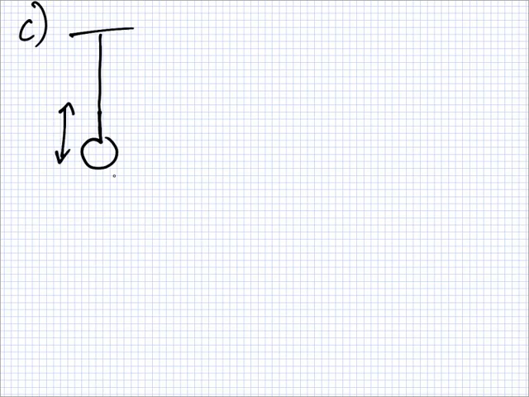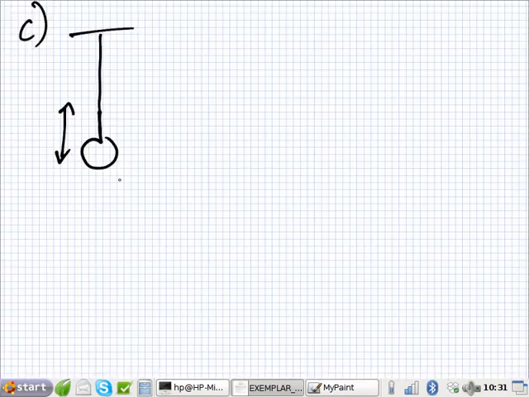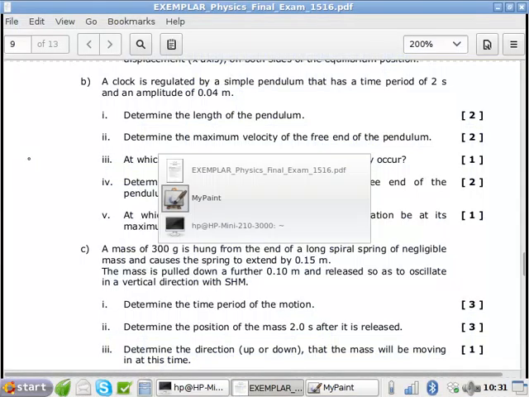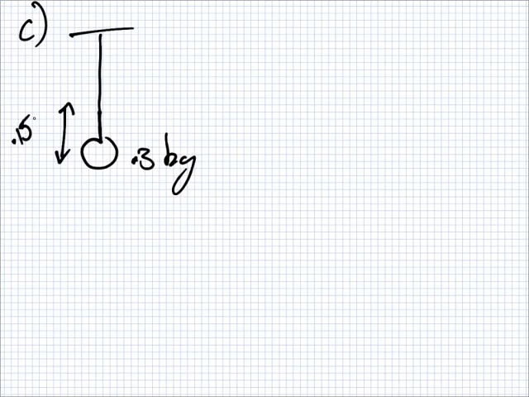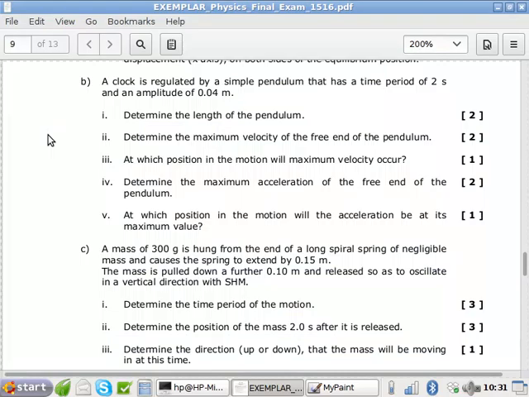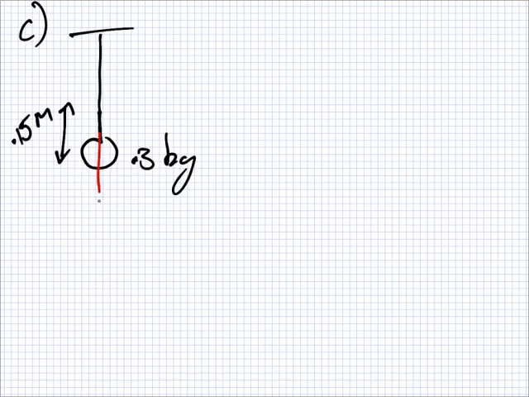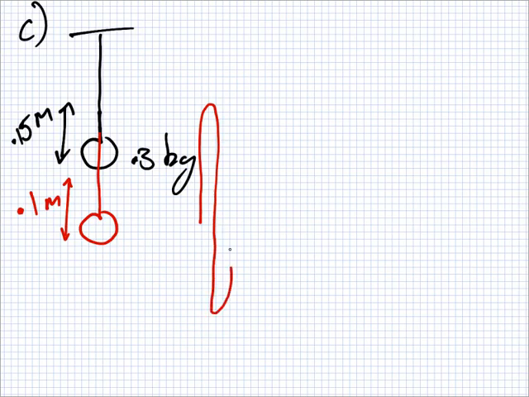Okay, so when it's at rest, the mass 0.3 kilograms will cause an extension of 0.15 meters. Then it's pulled down a further 0.10. And then it'll start to bob up and down.